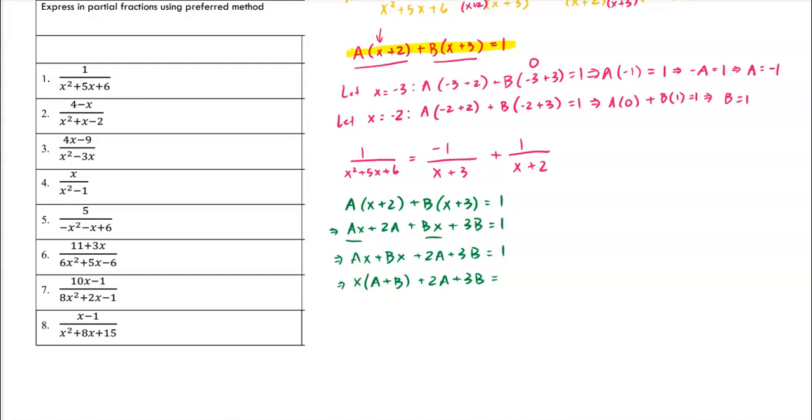This is different. It just has a constant. So whereas if we had something like (A plus B)x plus C equaling something like 2x plus 1, then I said that, hey, 2 is going to be A plus B, 1 is going to be C. But we don't have anything like that. We just have a constant here.